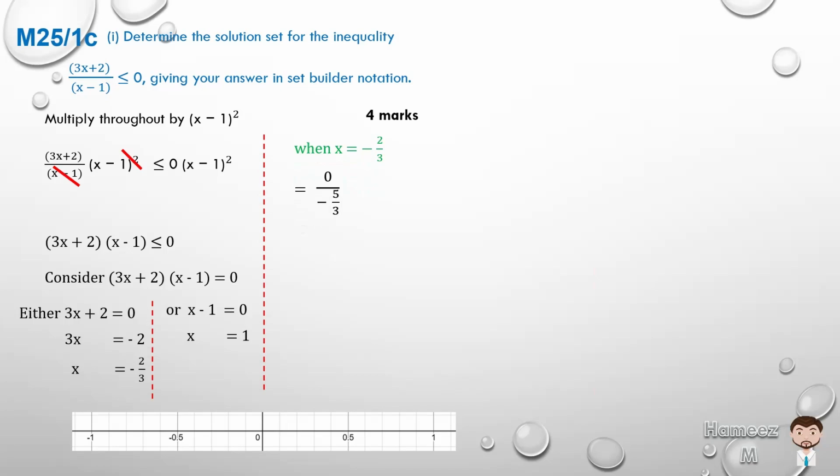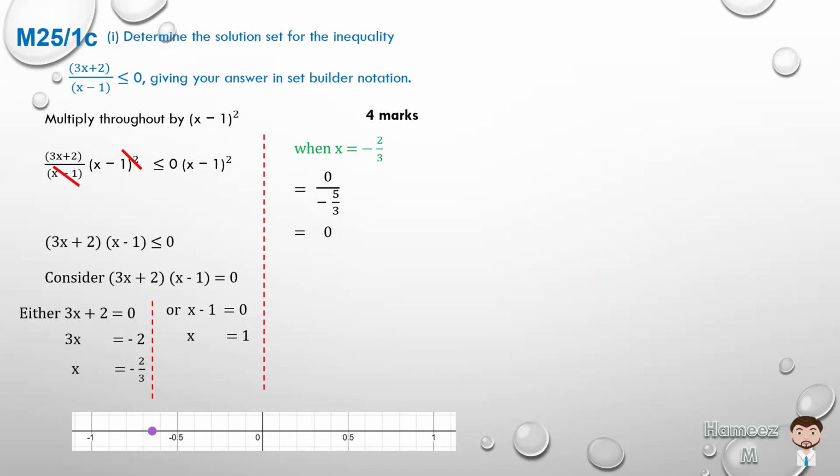That's the denominator. 0 over any number is equal to 0. So it holds. Therefore, we've put it up onto the number line. At the point where it is minus 2/3, we have to draw a solid circle, which means that when x is minus 2/3, it will satisfy that inequality.